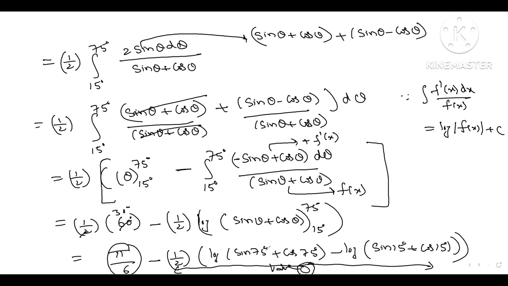So half log, so 1 by 2 times log of sin 75 plus cos 75 minus log of sin 15 plus cos 15 value will be 0.